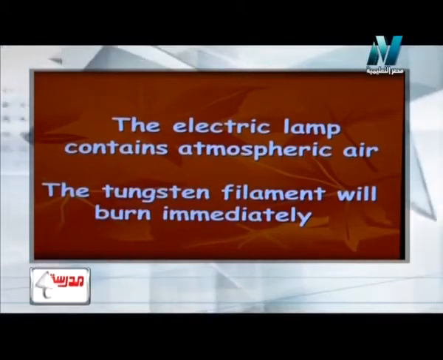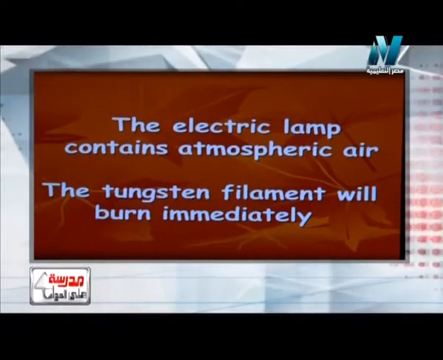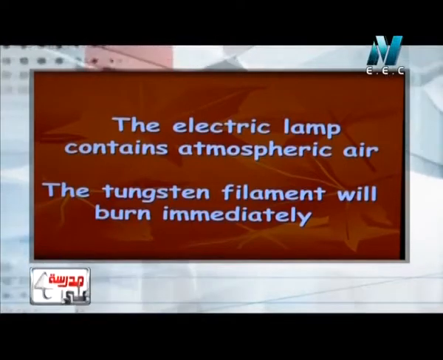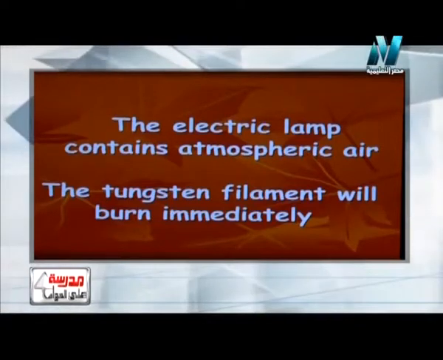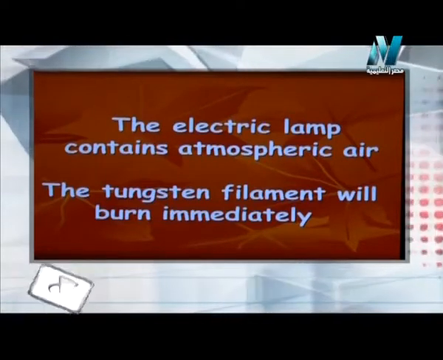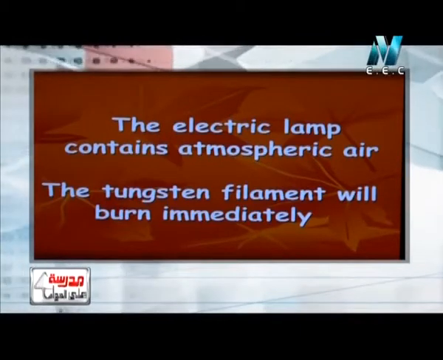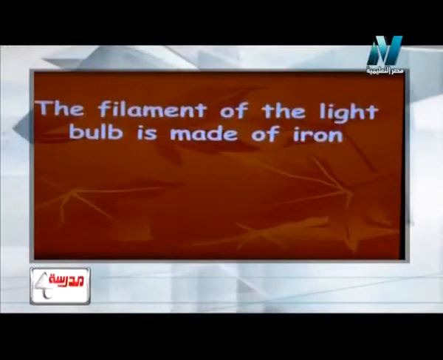So what happens if there is atmospheric air inside the electric lamp? The tungsten filament will burn immediately, because oxygen, which is found in the atmospheric air, helps in burning. Another question.